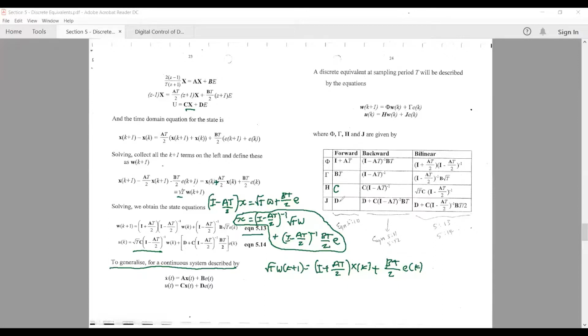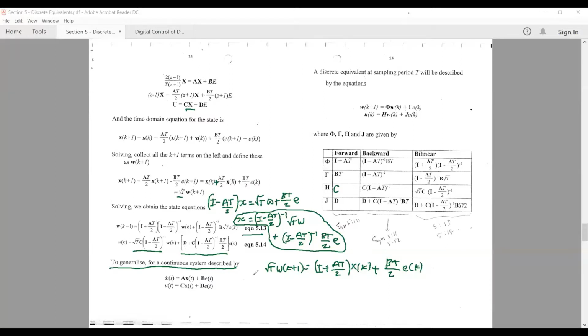And J for forward, since this equation won't be affected, J will be D. For backward, J will be D plus C times I minus AT whole thing inverse times BT. And for bilinear, we got J as this quantity, which is D plus C times I minus AT over 2 whole thing inverse times BT over 2, which is this.